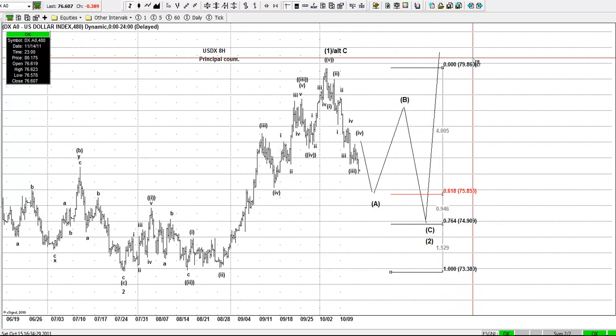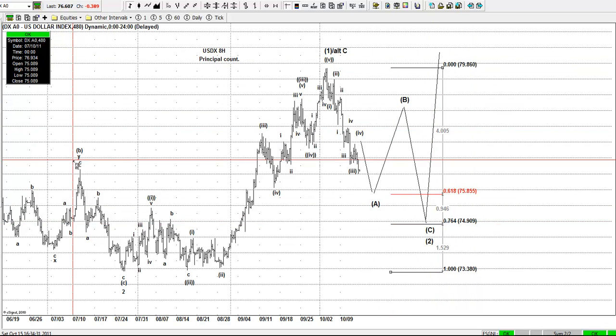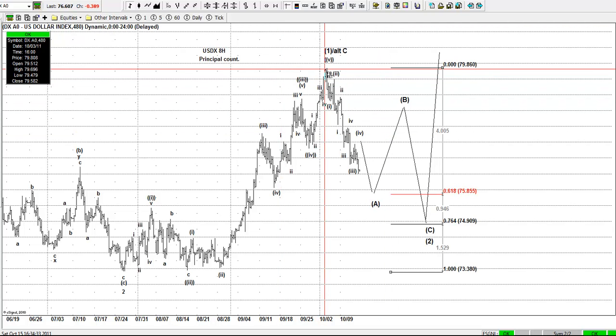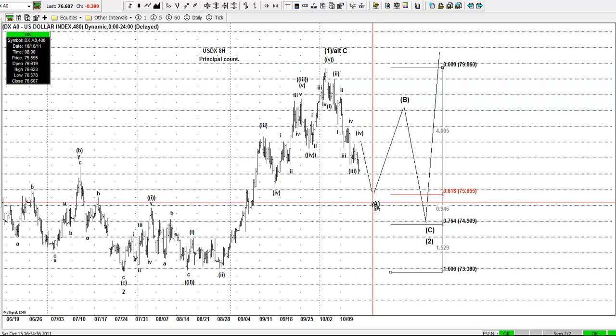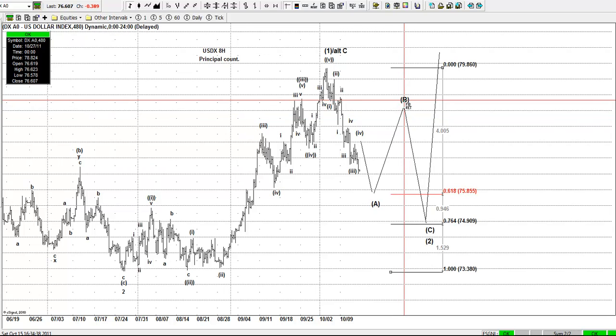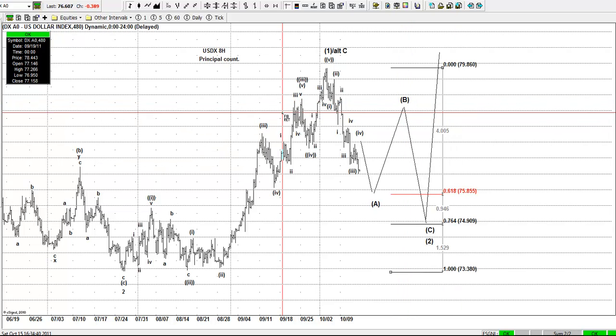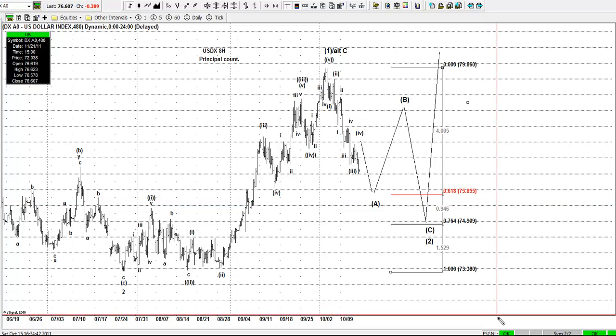If the dollar is going to become a flat 4-wave, the dollar is going to do this: one, then this becomes one, you get two on the back, and then the dollar can break out to the downside.